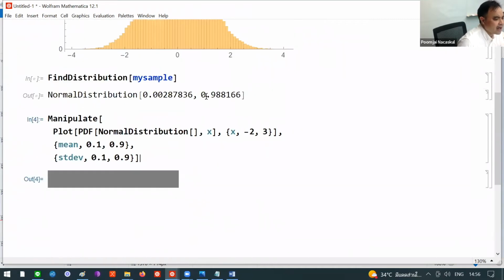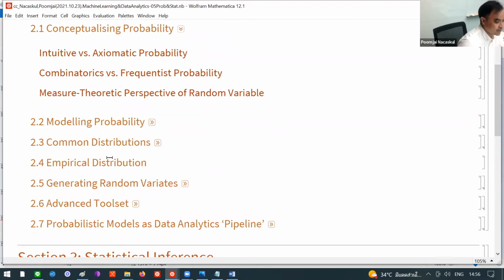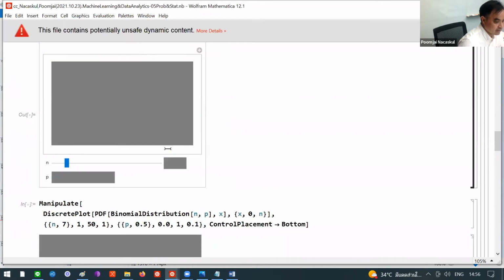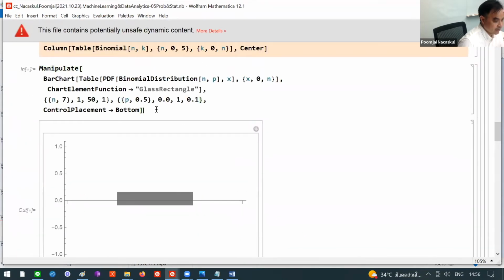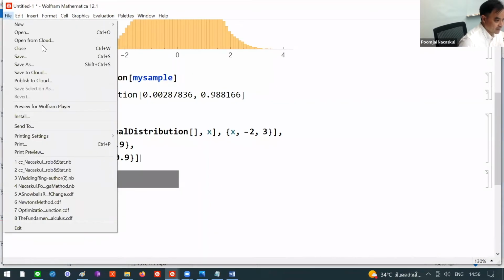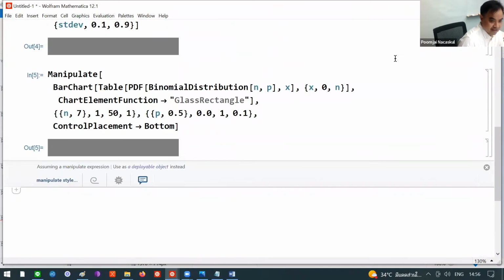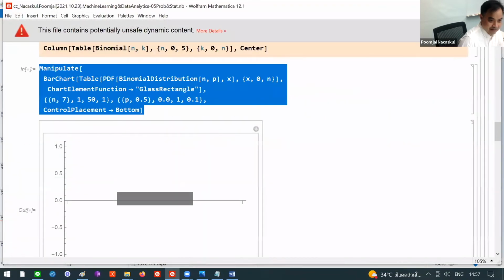Okay, it's weird. I don't know what. Let me just go to the example that I made for you. This is really weird. You know what? For some reason, this is kind of weird.